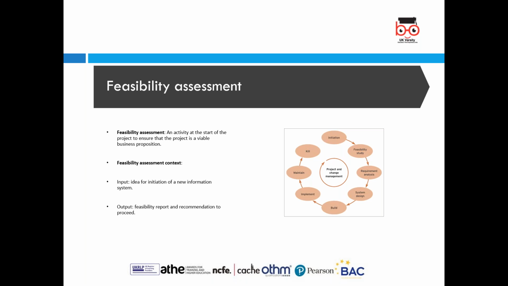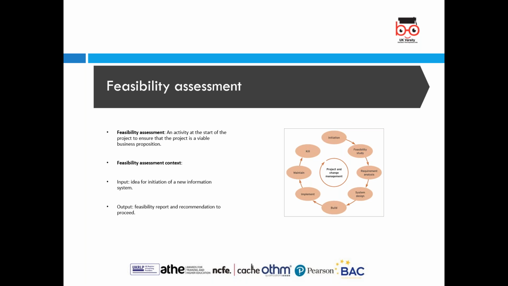Then we have the feasibility assessment, which is simply the activity at the start of the project to ensure that the project is a viable business proposition. So we are simply assessing how doable this project is.